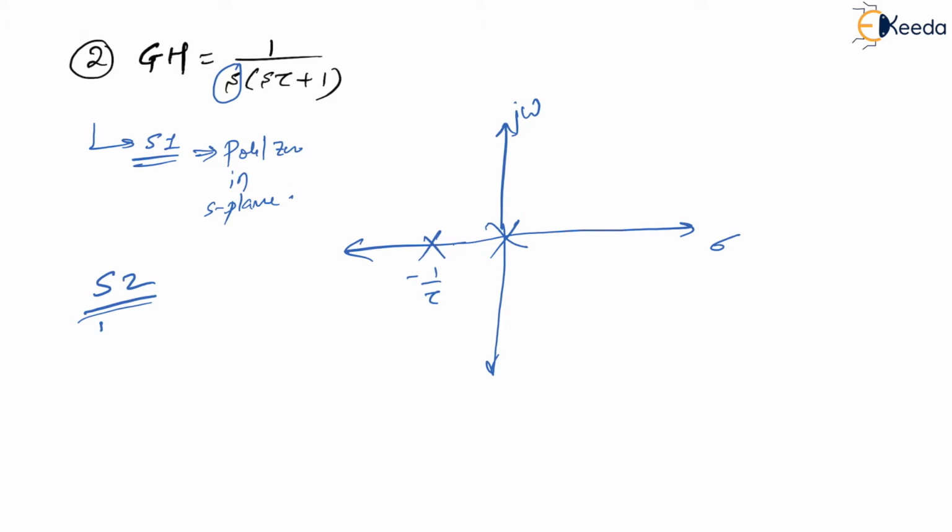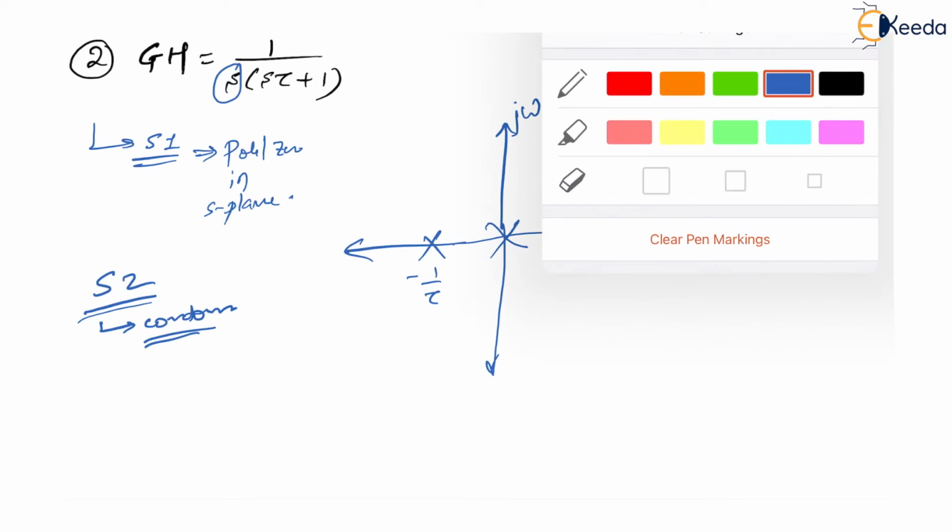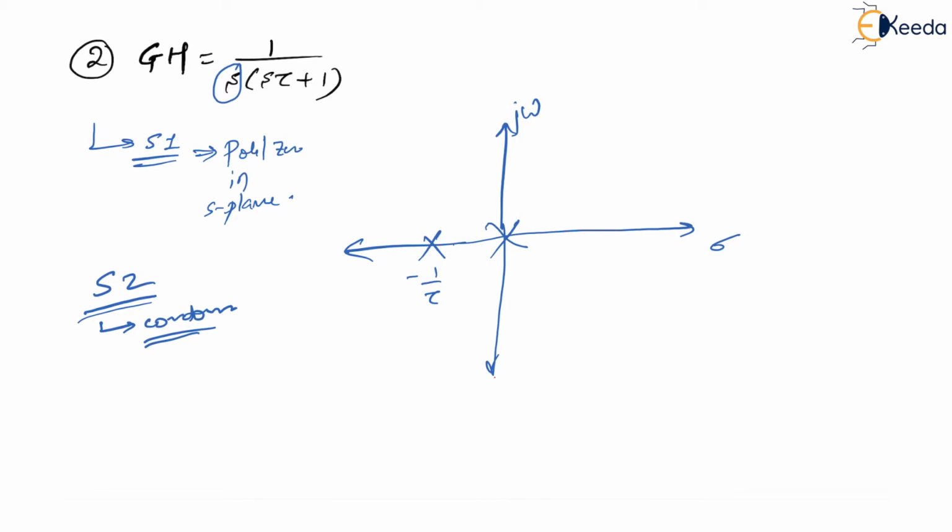In step 2 we try to find the contours. How to find those contours? Let us see. This is omega equal to minus infinity and this is omega equal to infinity. So from minus infinity to 0 I will have one contour.